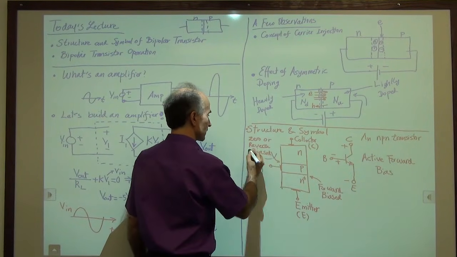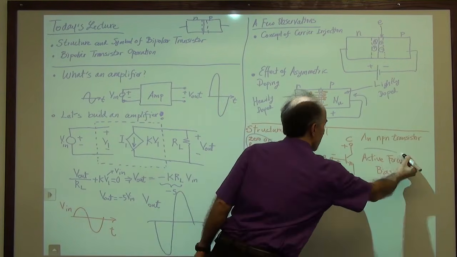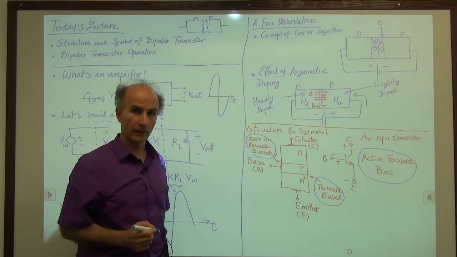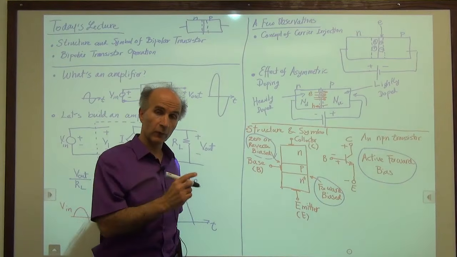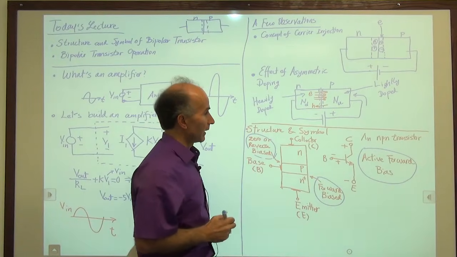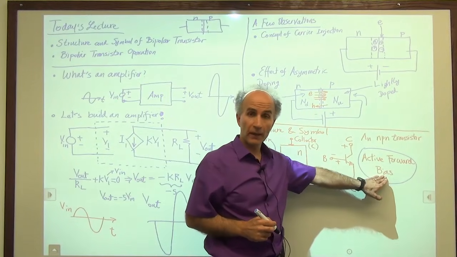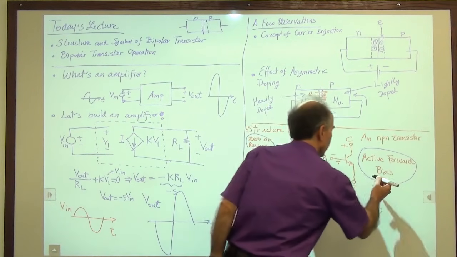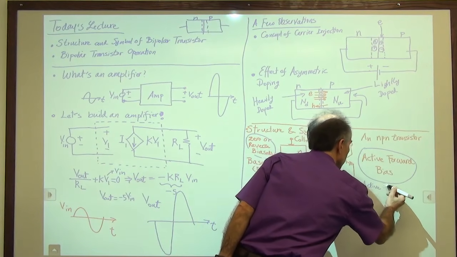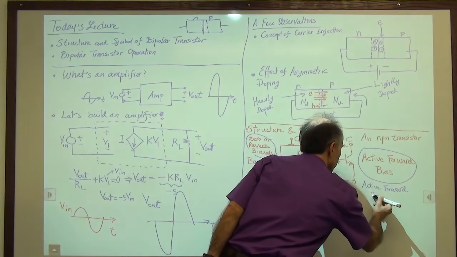This condition and this condition result in this general region of operation. All right, so when we say forward active bias, active forward bias, or sometimes we just say active bias, that's what it is. Sometimes, in fact, we don't say bias, we say region. So I will write that also as active forward region.